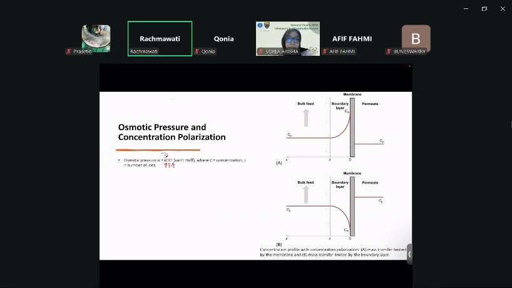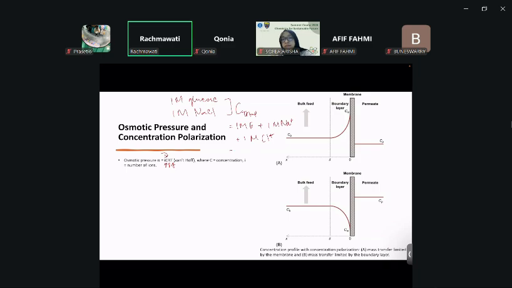Let's say I have 1 molar of glucose, and then I have 1 molar of sodium chloride. So the total C here should be 1 molar glucose plus 1 molar sodium plus 1 molar Cl minus.